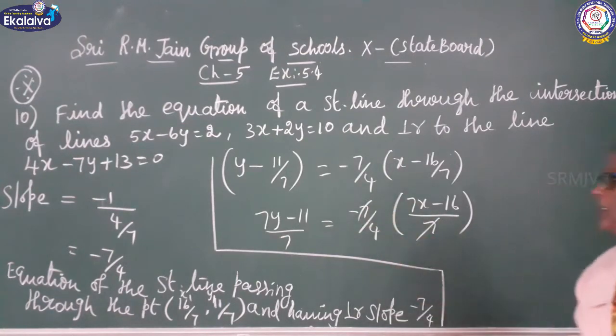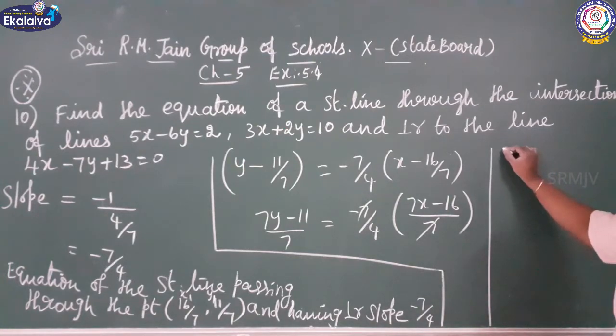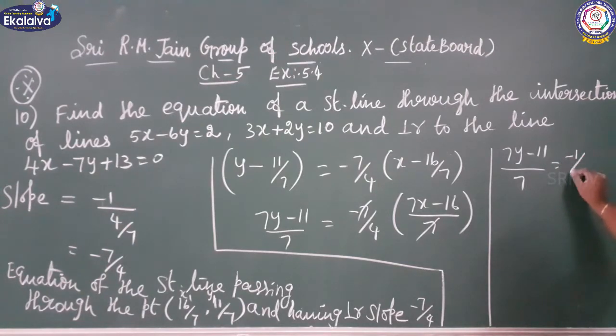You cancel this value. See here, 7y minus 11 by 7 equal to minus 1 by 4 into 7x minus 16.